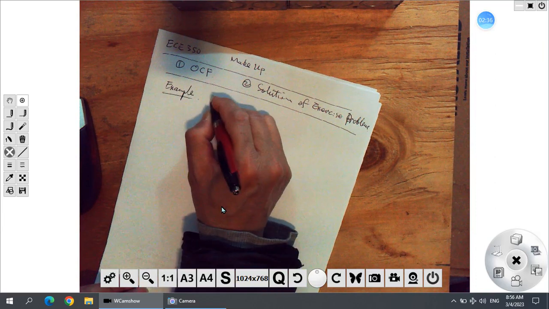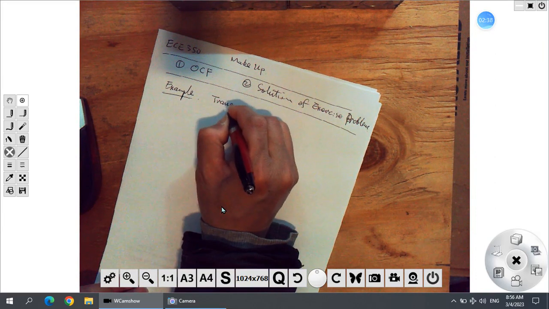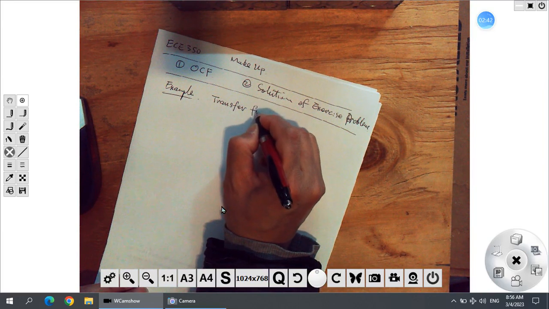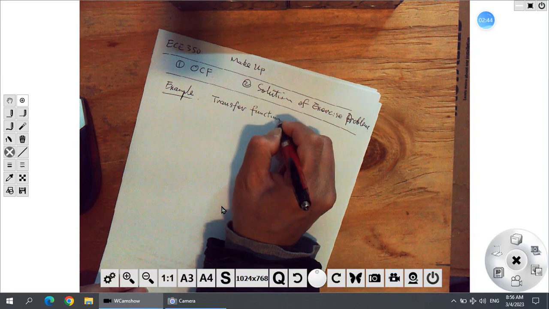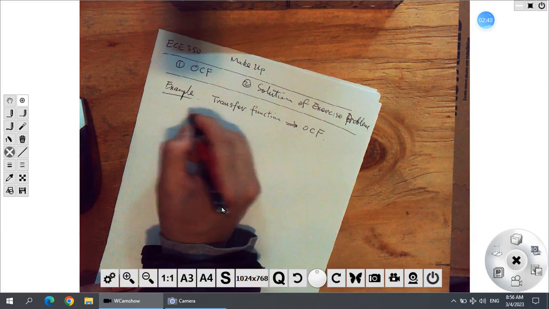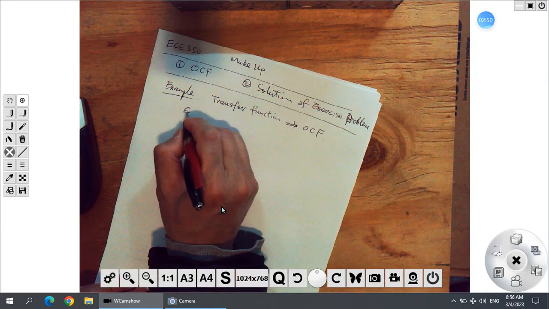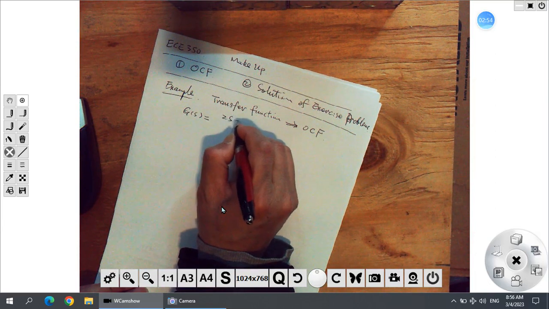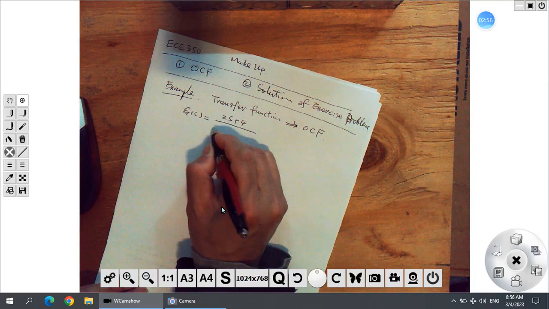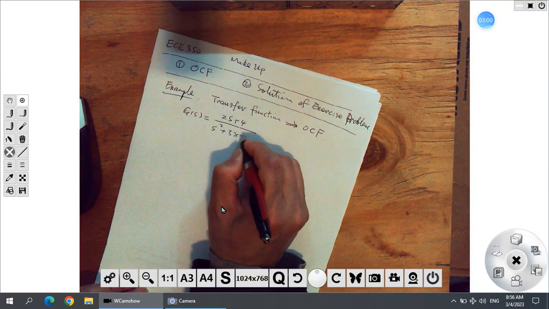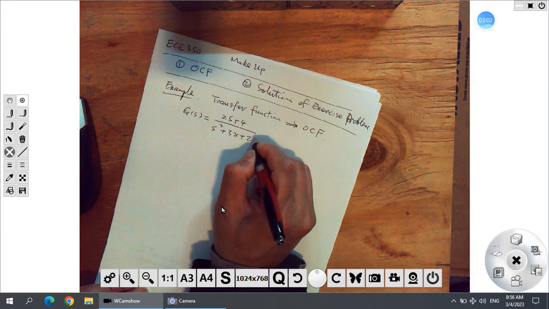We will start from a transfer function, then we can get the OCF. Suppose G of S equals 2S plus 4 over S squared plus 3S plus 21.